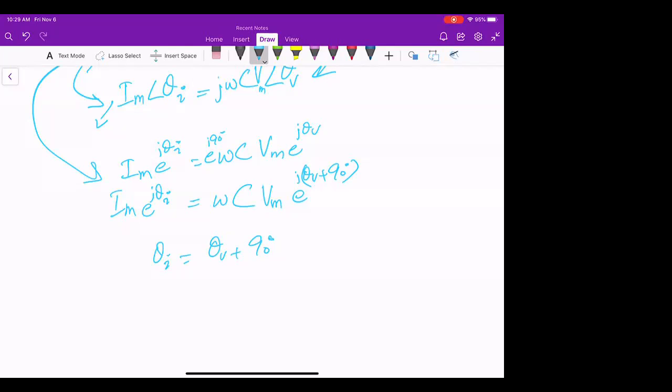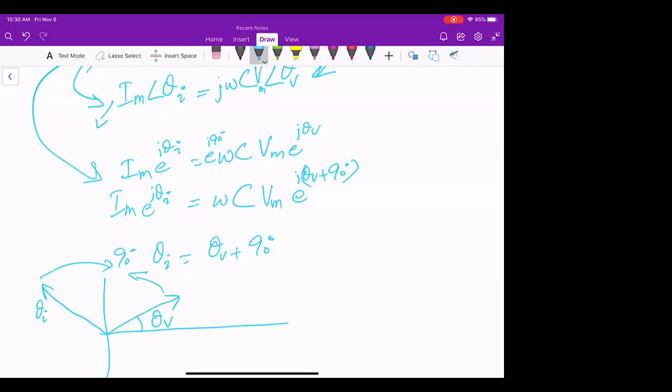So if in this case I am drawing the phasor diagram and my theta V is somewhere here, I don't know what theta V is, then my theta I will be at a 90 degree phase difference, and it should be here.